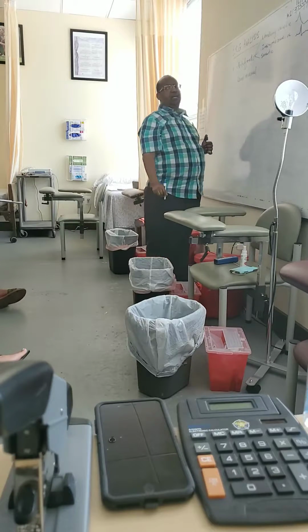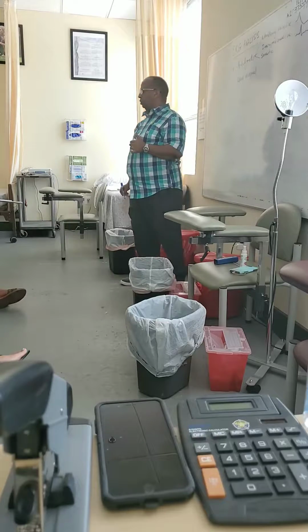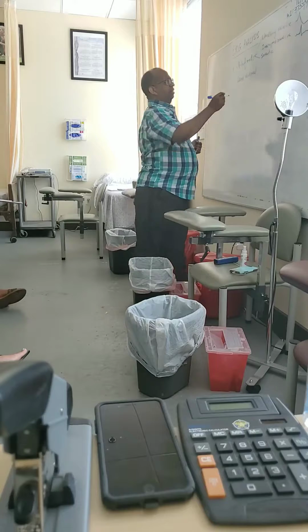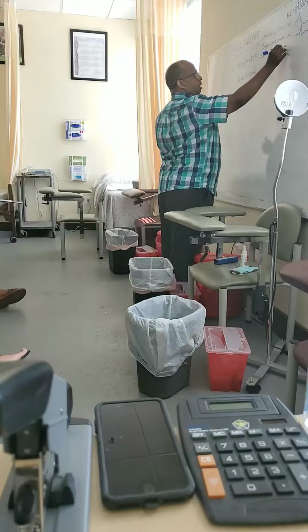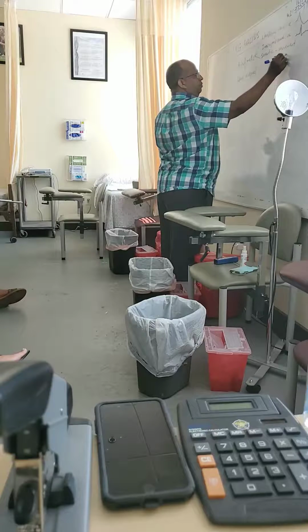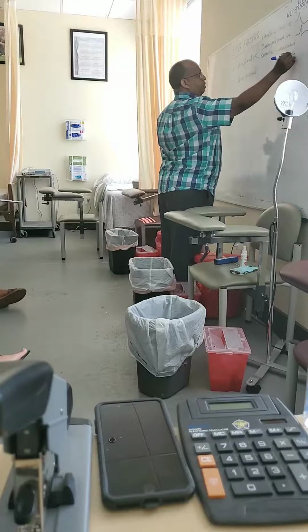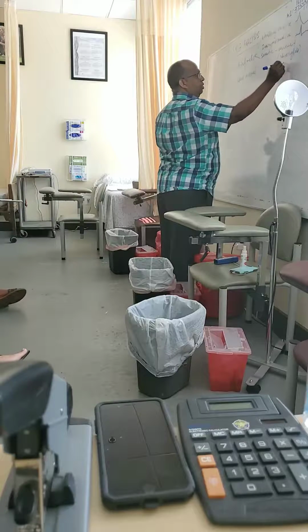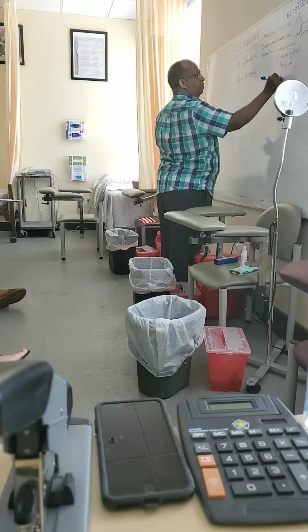The third one is what we call somatic artifact. Somatic is usually caused by movement. It can be because of shivering, when someone is cold. It can be because of seizures. It can be because of Parkinson's.